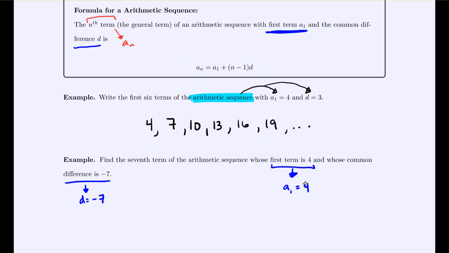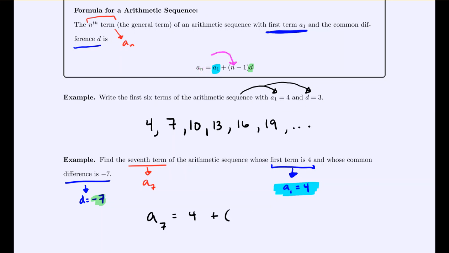In this case, I know that our first term is 4, so that's going to take on the value here. The common difference is -7. And specifically in this case, I'm looking for the 7th term, so I'm looking for a sub 7. Filling in the formula, we would get the 7th term in the arithmetic sequence is the first term of 4 plus, now in the formula, whatever term you're looking for, that's what you subtract 1 from.